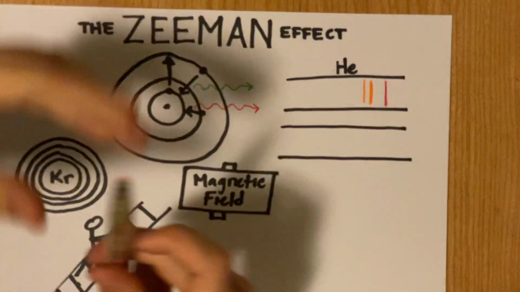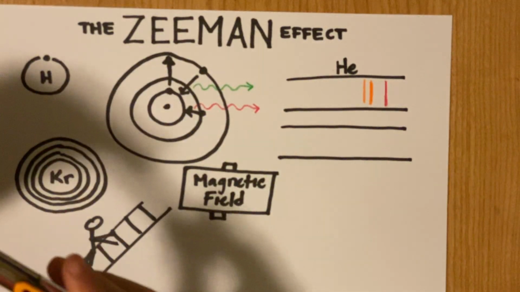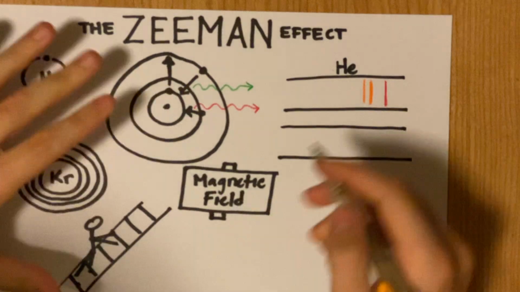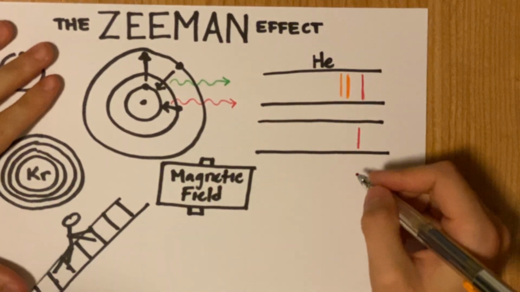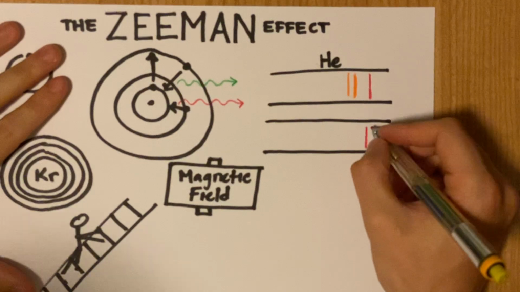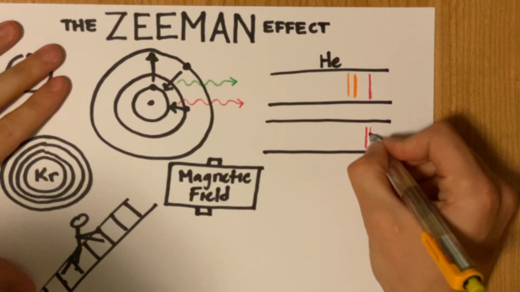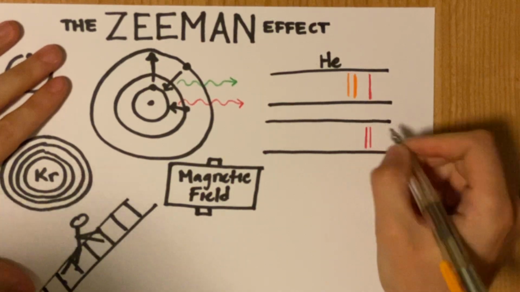So when before we had just one red line, now we're going to have what's called spectral line splitting, and we're going to get two or sometimes even more lines.